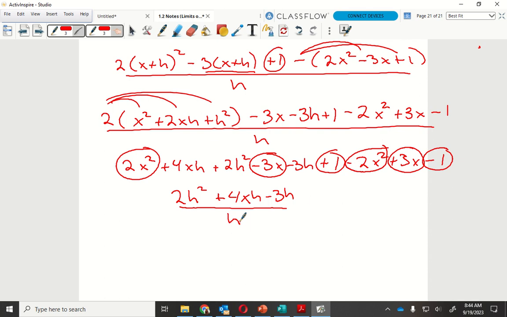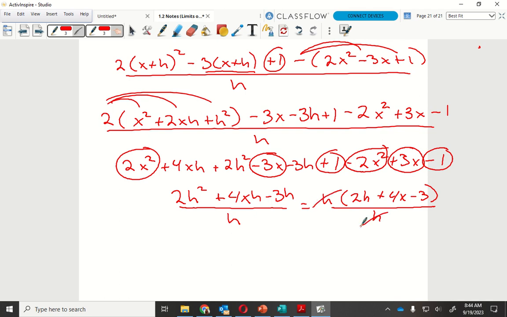By factoring out that h, quantity 2h plus 4x minus 3, all over h. So those h's will cancel.